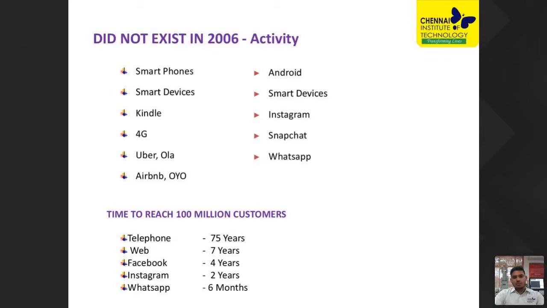But right now, each and every one has a smartphone. Even students at the age of 15, 16, and below that in some places, have smartphones at home. But in 2006, that was not the scenario. The Kindle by Amazon was not there. 4G, Uber, Ola, Airbnb, Oyo, WhatsApp, Snapchat, Instagram, nothing was available in 2006.